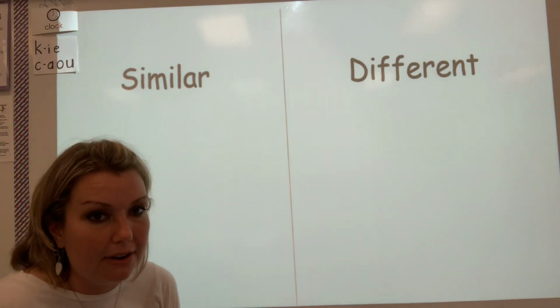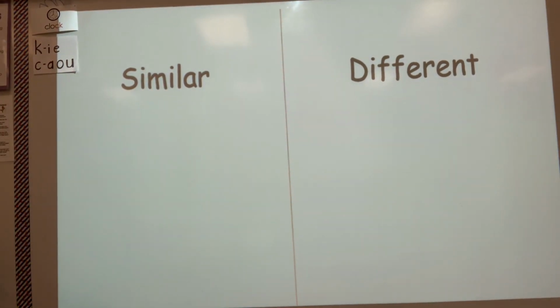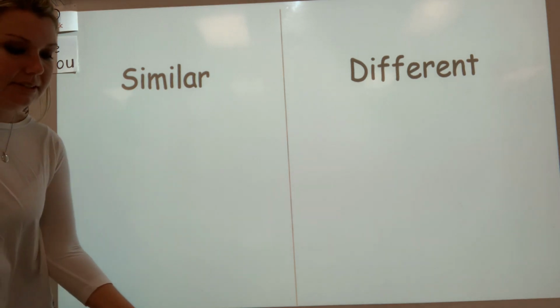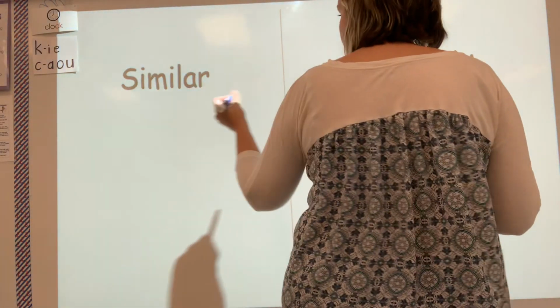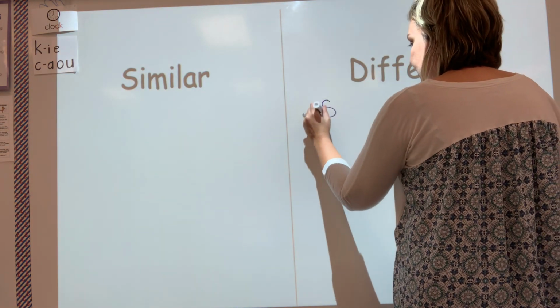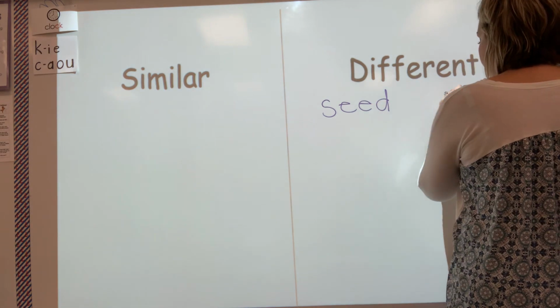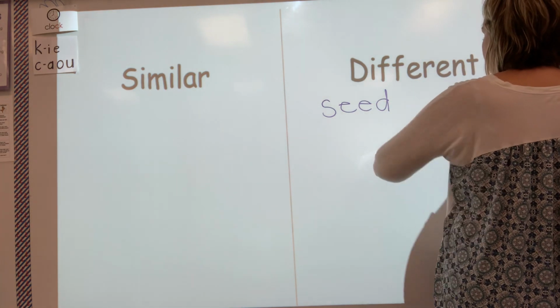What do people start out as? Babies. We start out as babies. So maybe that is a difference that we could put. A difference is plants start as seeds, and we start as babies.